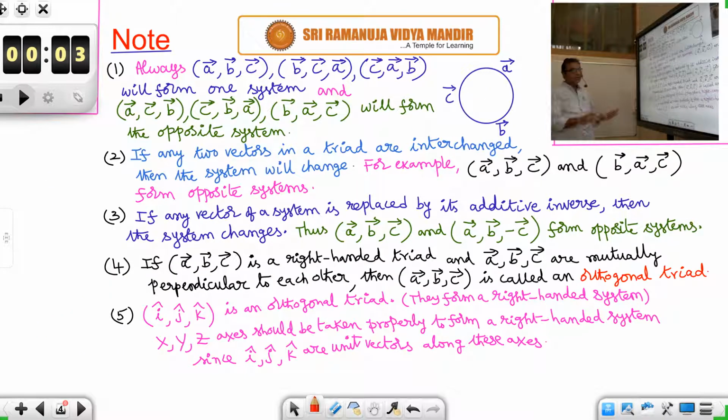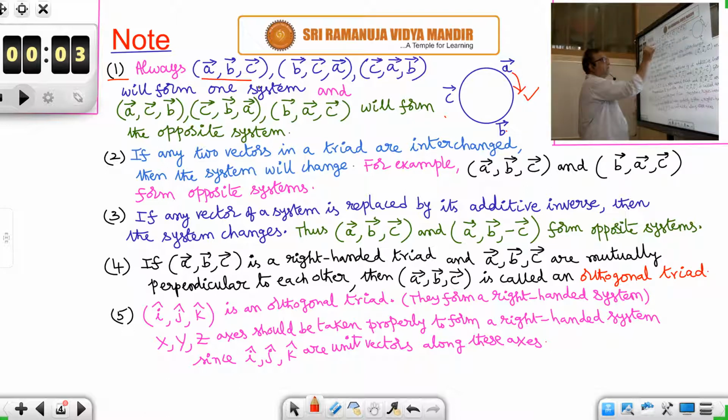You should have clarity in this concept. Note also, every point is important. See, I have marked A bar, B bar, C bar on the circumference of a circle. Starting with A bar, go clockwise: A bar, B bar, C bar.